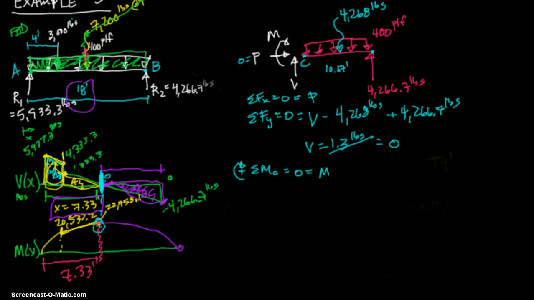And then we're going to have a positive 4,268, let's call it, pounds times what foot? 10.67 divided by 2.